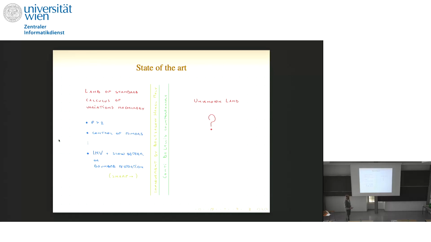On the other hand, when you arrive at the limit case p equal 2, then it's a mess, because of the counterexample provided by Conti-De Lellis. It's a very nasty counterexample. In a certain sense, it provides an obstruction to the standard method.